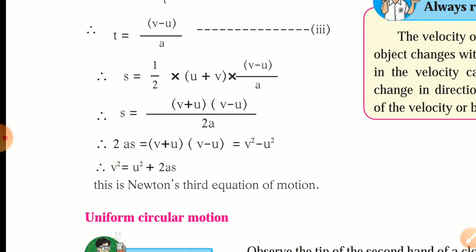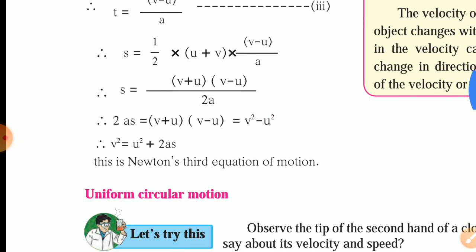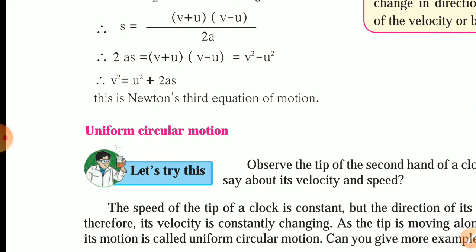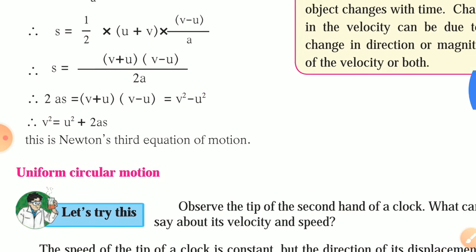We get s is equal to u plus v into v minus u divided by 2a. Multiplying 2a to the s, 2as is equal to v square minus u square, using the formula a square minus b square is equal to a plus b into a minus b. So v square is equal to u square plus 2as. This is Newton's third equation of motion.